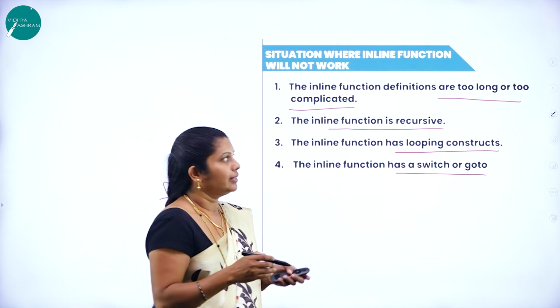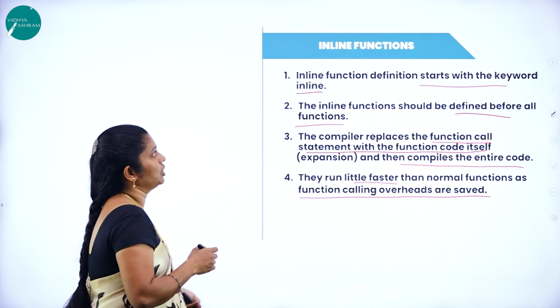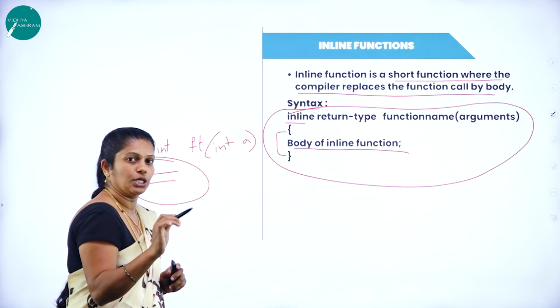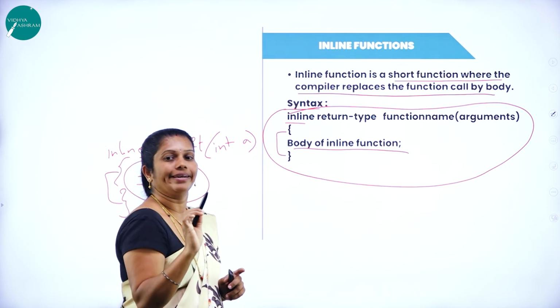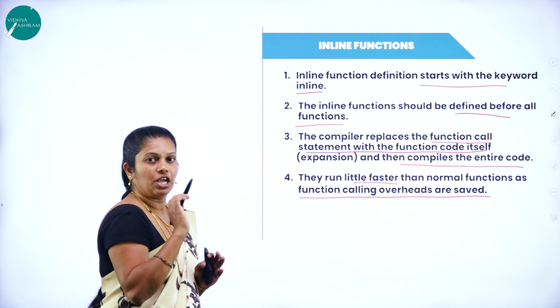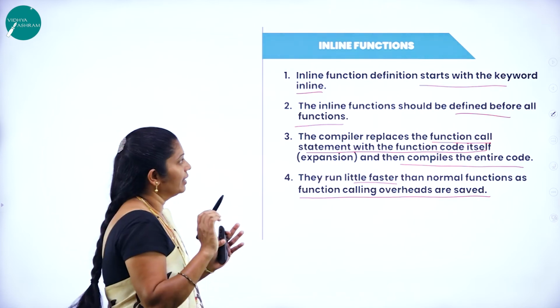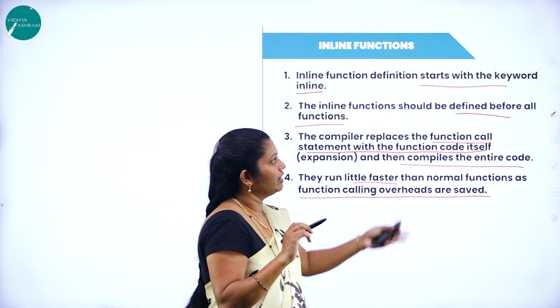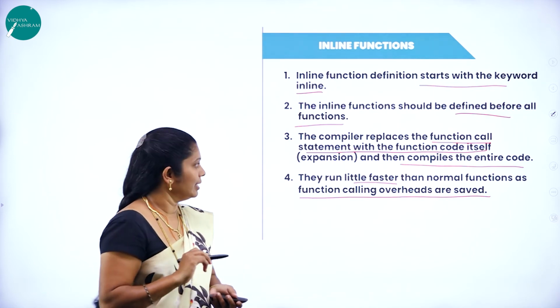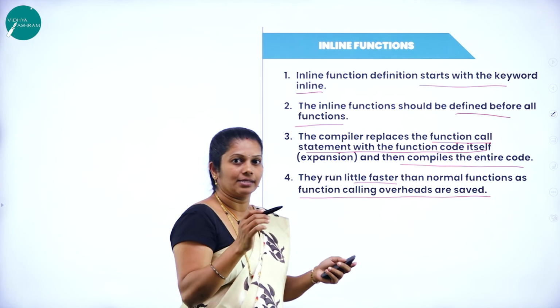Now is it clear? Then once again I am going to recall whatever we explained today. An inline function is a short function, where the compiler will replace the function call by the body. Here we use the keyword inline, and the inline function should be defined before all the functions. The compiler will replace it, and they run a little faster.